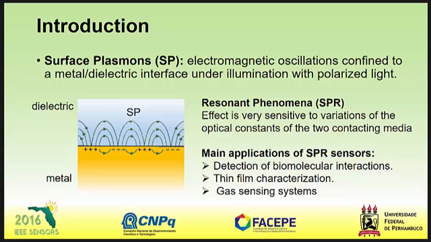SPR stands for surface plasmon resonance, and being so, this effect is very sensitive to the variation of the optical constants of the two contact media, making it very suitable for optical sensing applications, such as the detection of biomolecular interactions, thin film characterization, and gas sensing systems.